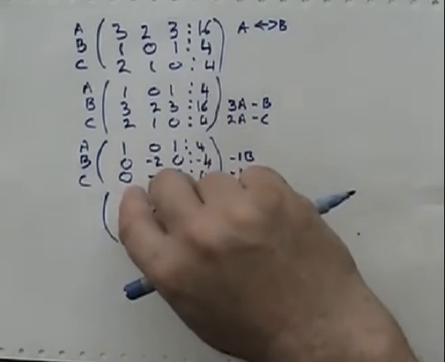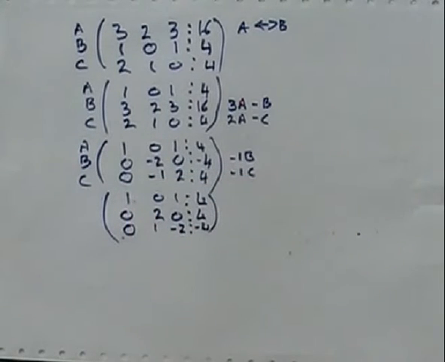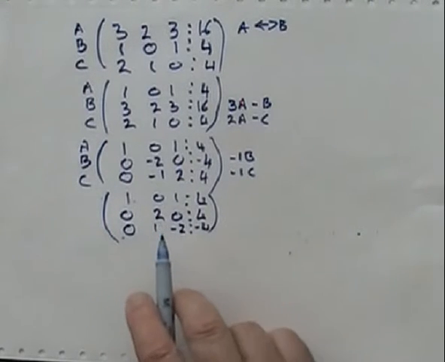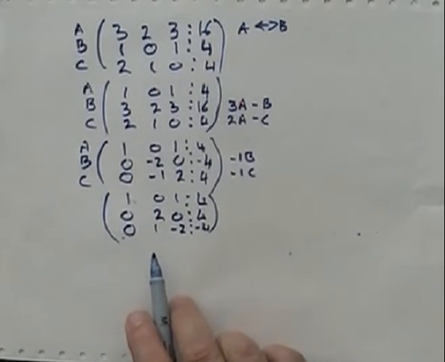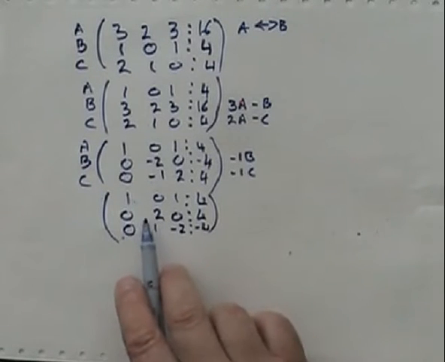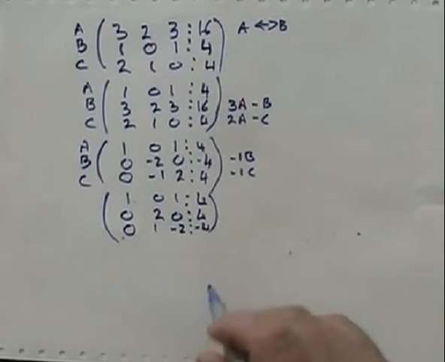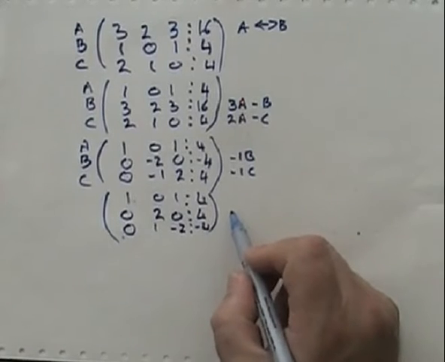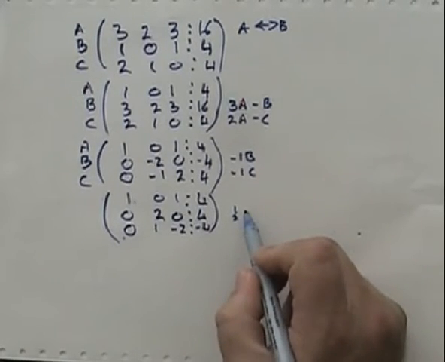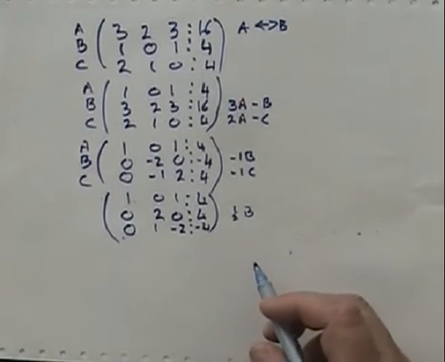Just allows me to have a nice little positive one down there. Okay, so I'm also going to divide row B by 2, half B. I should probably have done that before.